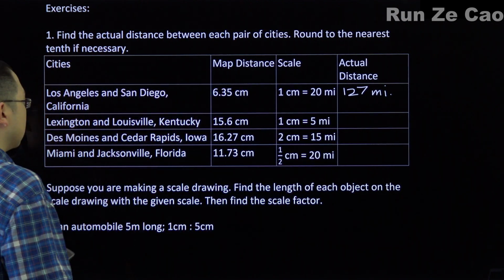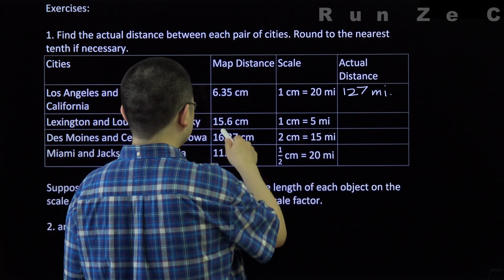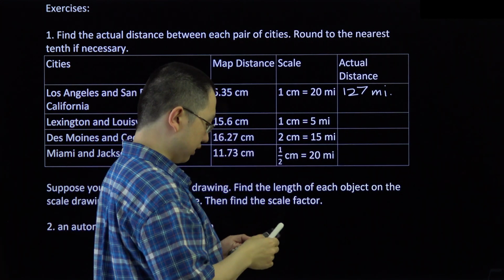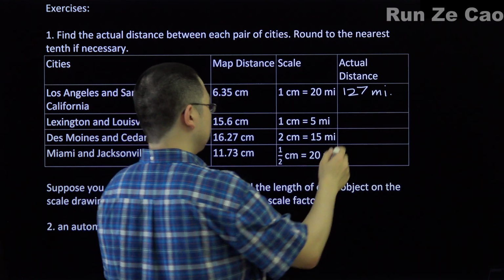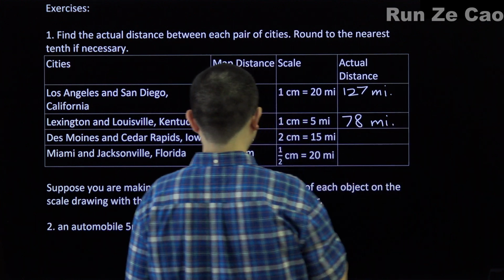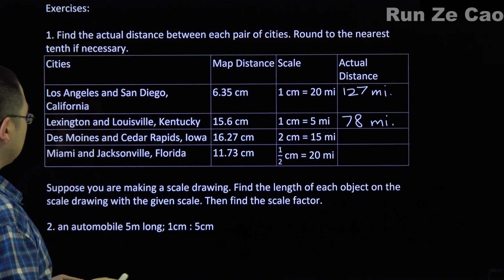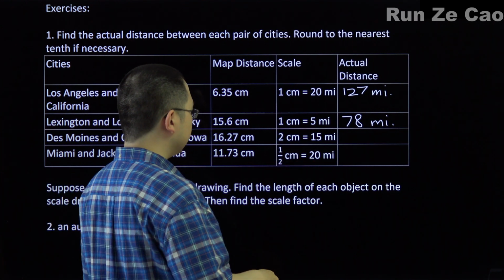Lexington and Louisville, Kentucky. Well, that's 1 centimeter for 5 miles. And you have 15.6 centimeters. So 15.6 times 5, which is 78 miles. Des Moines and Cedar Rapids, Iowa, 2 centimeters is 15 miles.